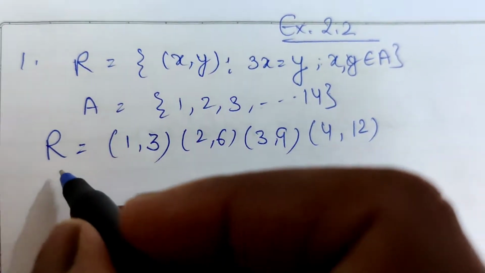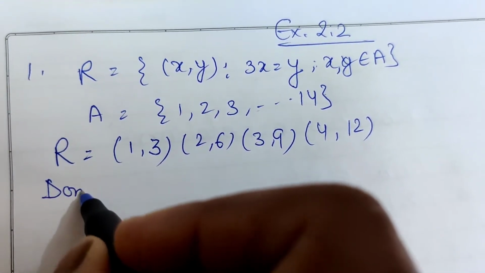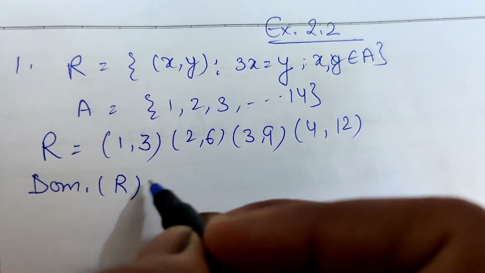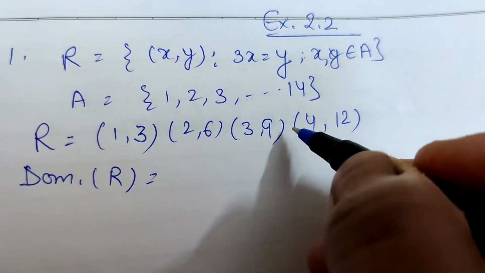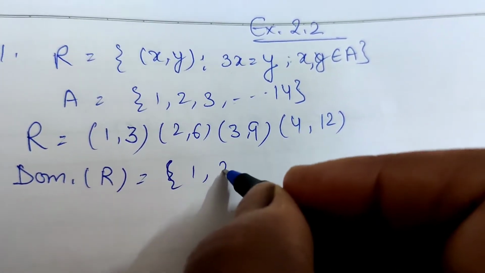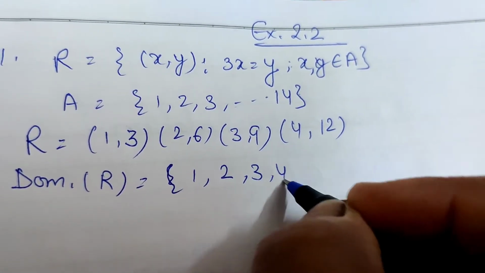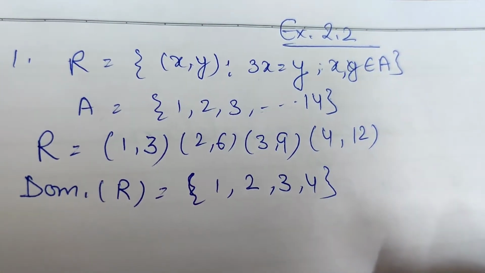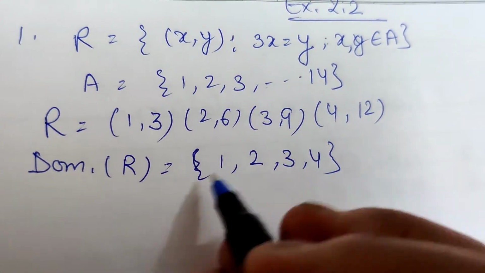In this relation set we can say that the domain of R means the first number of each pair. Okay.